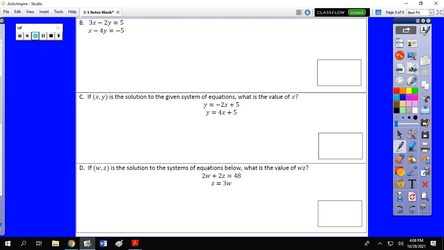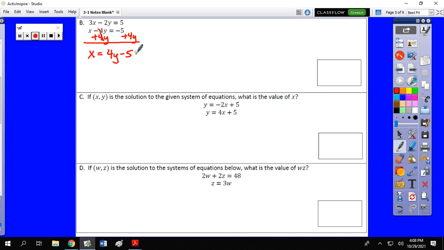Okay, our next example here is not yet solved for one variable. So our first step would be to realize that we can solve the second equation for x very, very easily by adding 4y to both sides of the equation. That would give us x equals 4y minus 5.